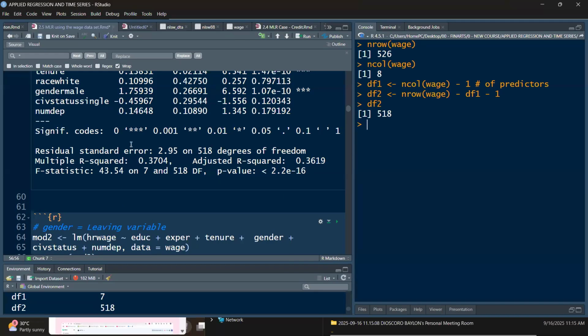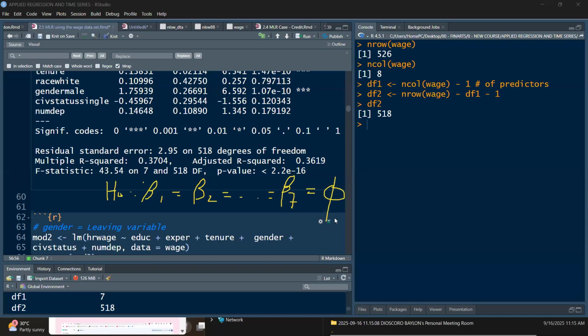And it makes use of the F statistic. So what's being tested here? What's being tested is one null hypothesis: beta 1 is equal to beta 2 is equal to ... is equal to beta 7, how many predictors do we have, 7, and it's equal to 0.